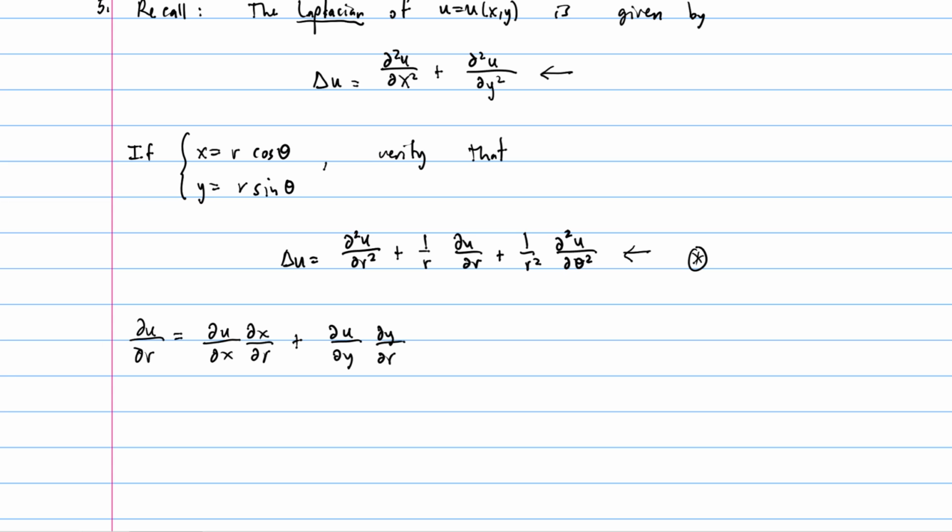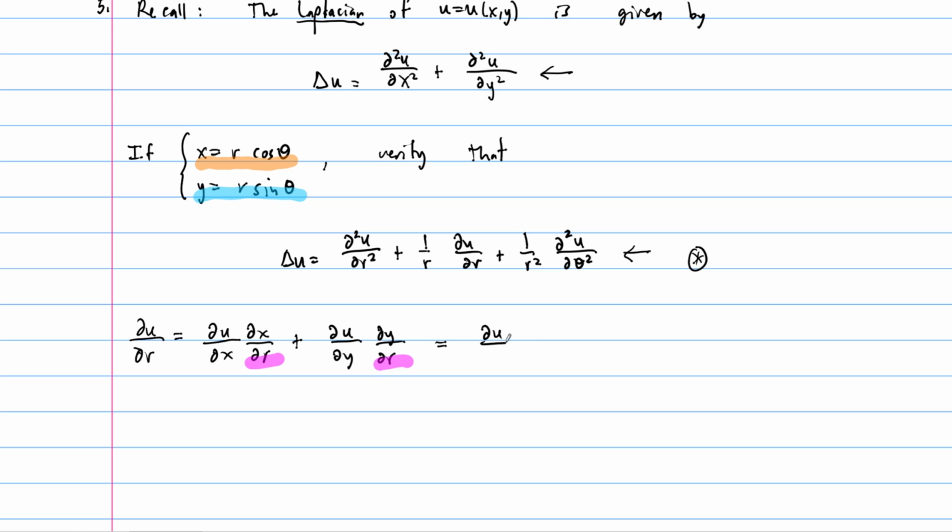But because of the formulas that we have here, we've got these two formulas, right? x is r cosine theta, y is r sine theta. We can actually compute these partial derivatives now, right? We can compute these two partial derivatives, dx dr and dy dr. So let's actually do it. We compute this derivative. dx dr is just going to be, r is the variable, theta is a constant in this example, right?